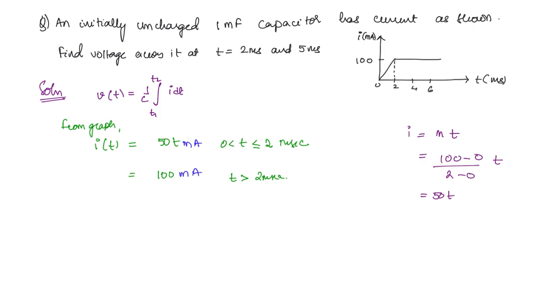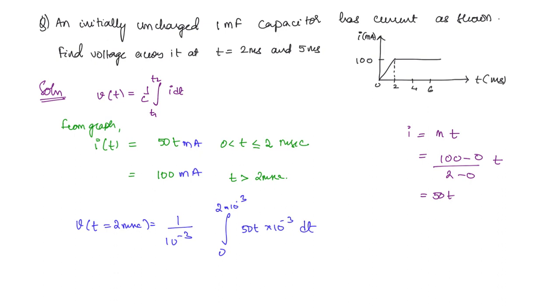So that is what we will substitute in this equation. First we want from 0 to 2 milliseconds. So you get V of t at 2 milliseconds equal to 1 by C, which is 10 to the power minus 3, integral from 0 to 2 into 10 to the power minus 3, I of t is 50 t into 10 to the power minus 3 dt.